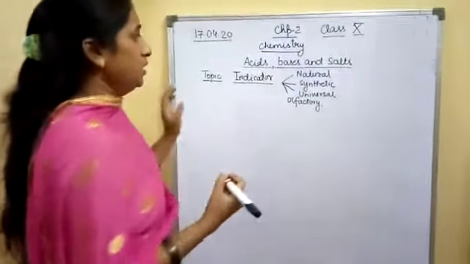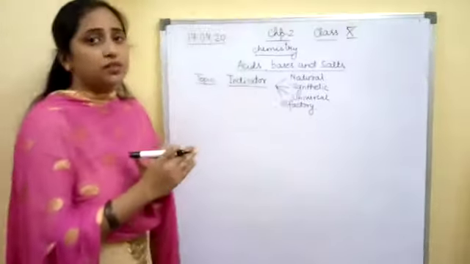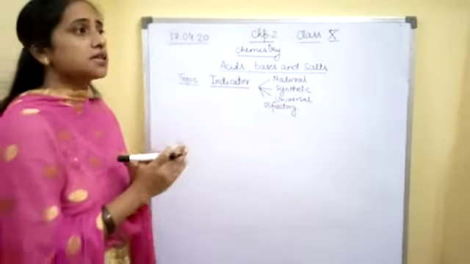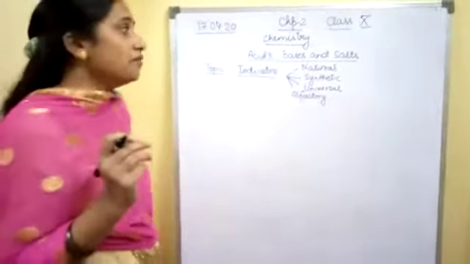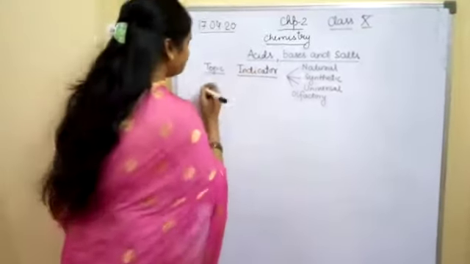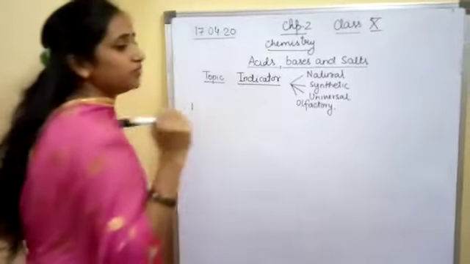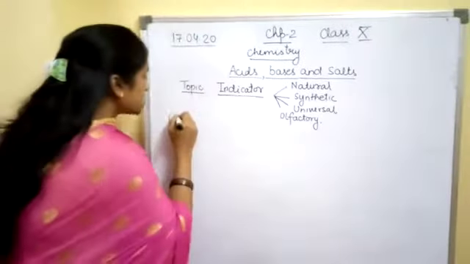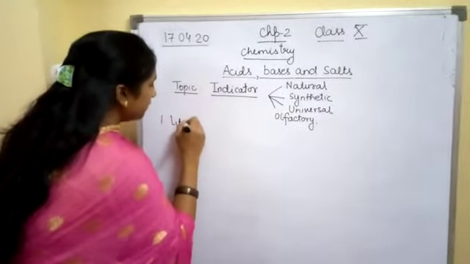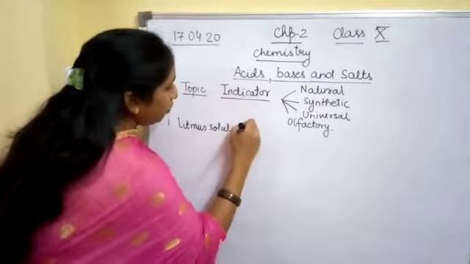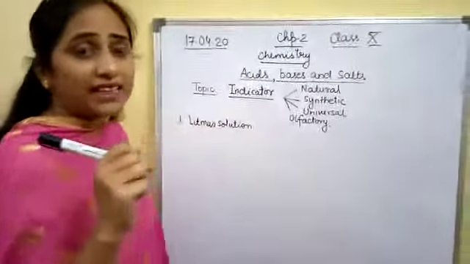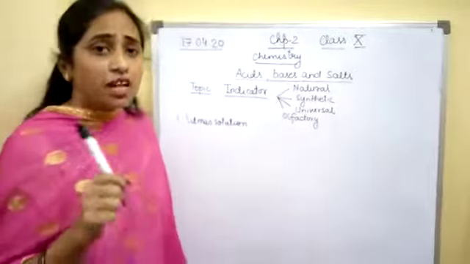So now we'll be studying in detail about the natural indicators. These are the substances which are found in the plant. For example, we have litmus. The first example is the litmus solution, which is a purple color dye extracted from a plant known as lichen from the plant kingdom Thallophyta.